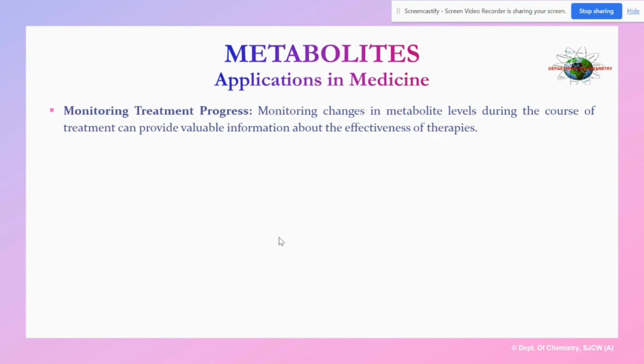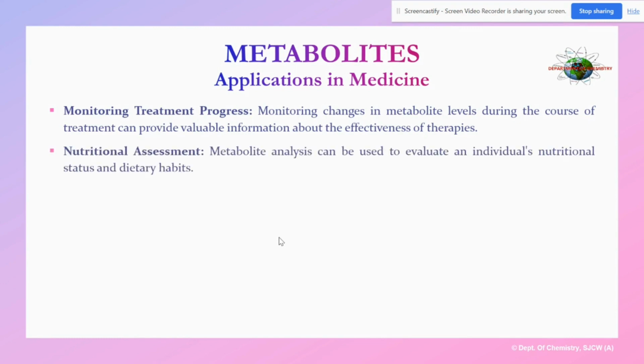Monitoring changes in metabolite levels during the course of treatment can provide valuable information about the effectiveness of therapies. How effective the particular treatment is can be arrived at, or you can identify the effectiveness of a particular therapy by monitoring changes in metabolite levels.